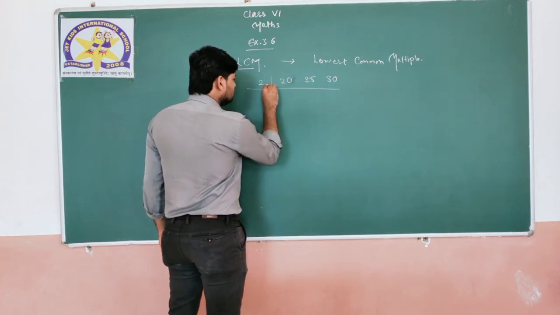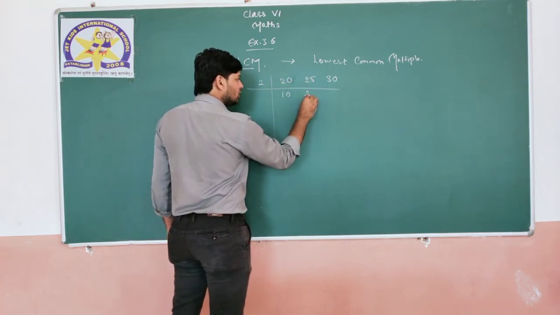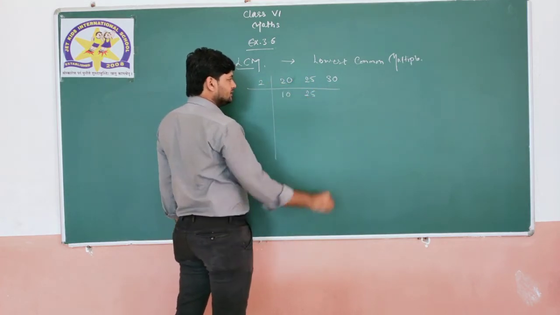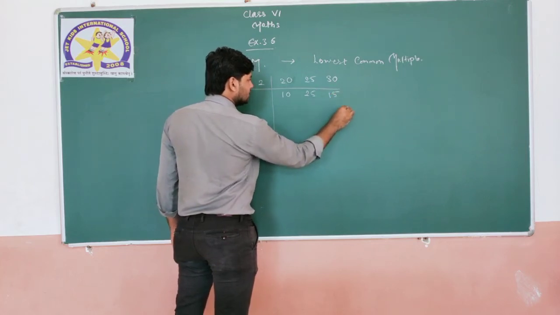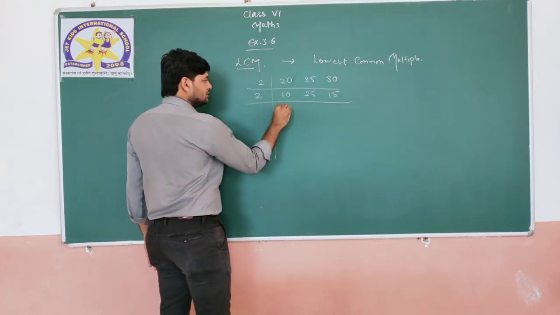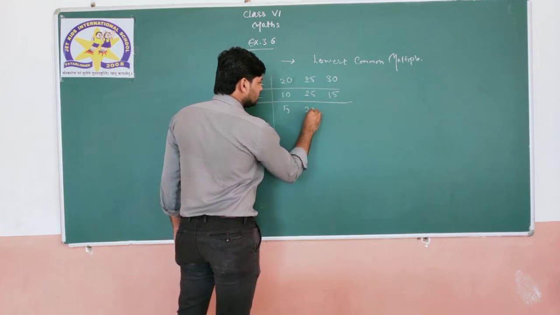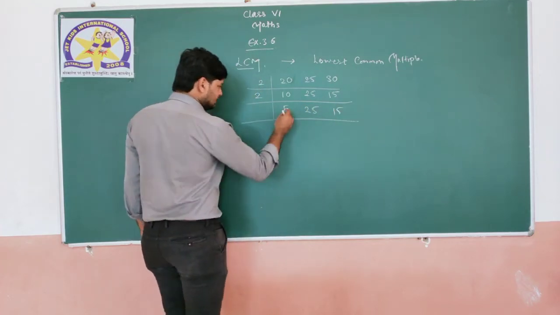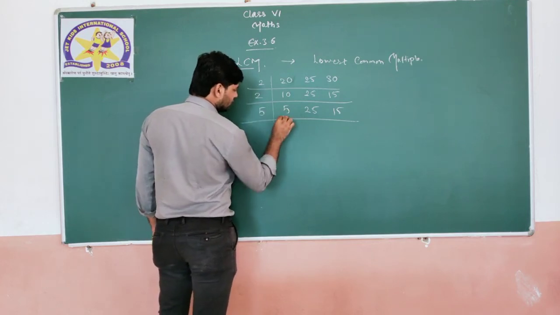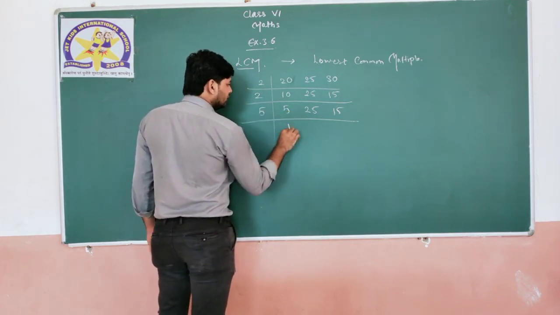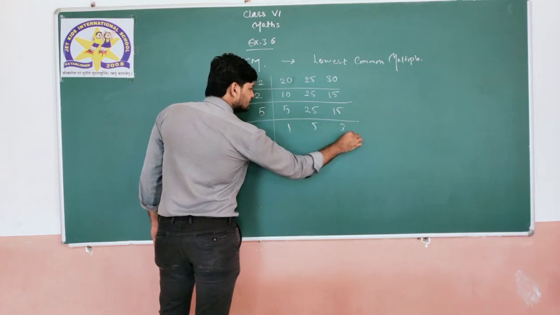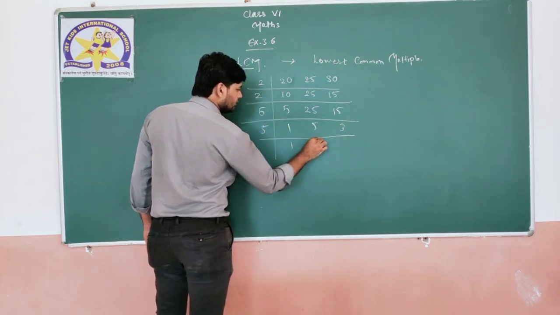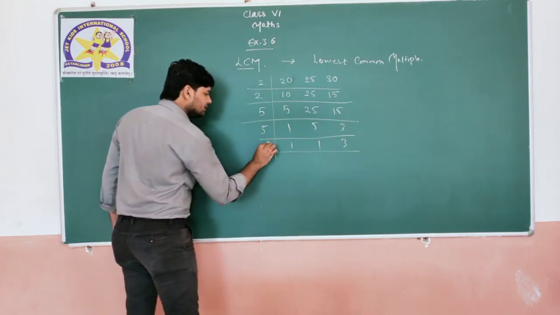Is it divisible by 2? Yes, but 25 is not, so write it as it is. Then 20 and 30 are both divisible by 2, giving 10 and 15. Is it divisible by 2 again? 10 is, 15 is not, so write as it is. Then is it divisible by 5? 5 ones are 5, 5 fives are 25, 5 threes are 15. Then again 5: 1, 1, 3. Only 3 remains.